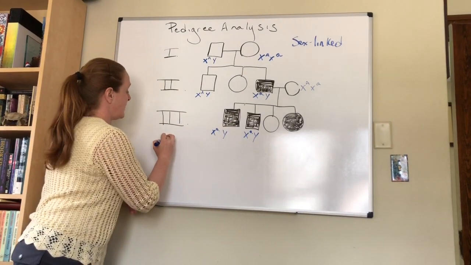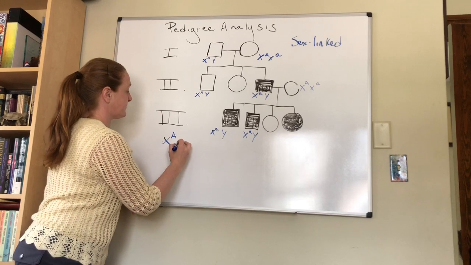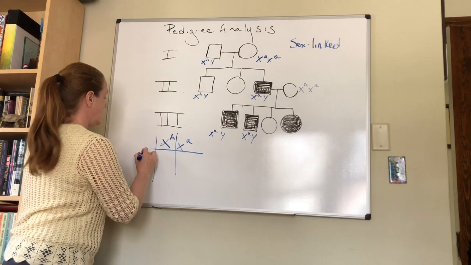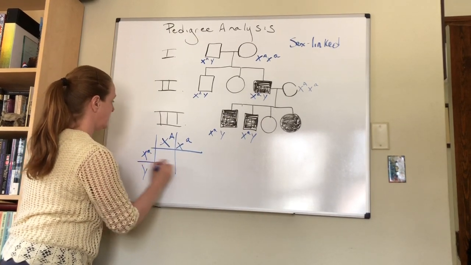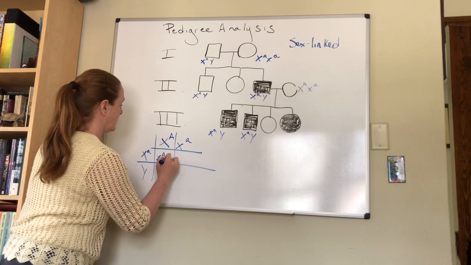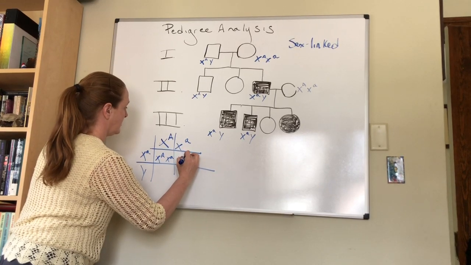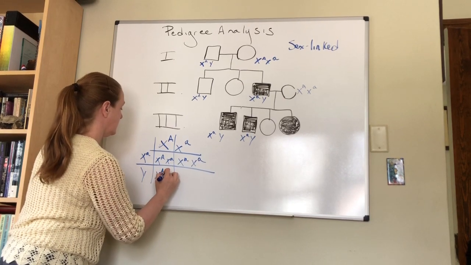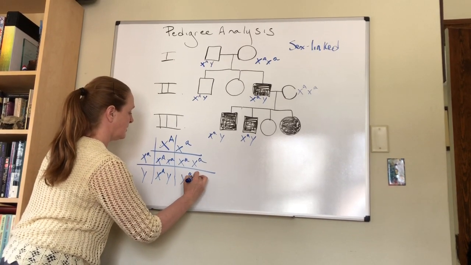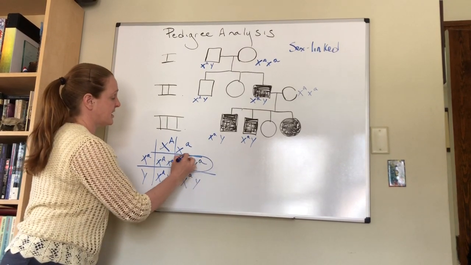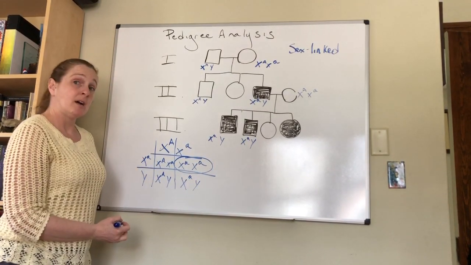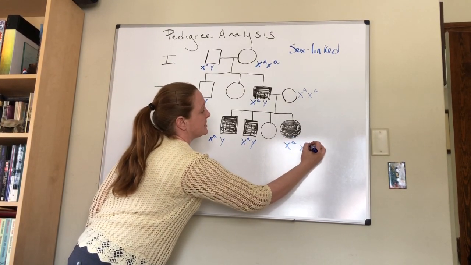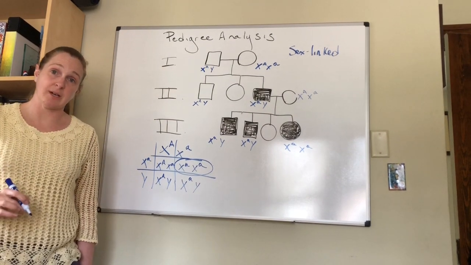So if my female in generation 2 has a heterozygous genotype, and my male has a hemizygous recessive genotype, one of the things that we see is that there is a 50% probability our female diploid zygotes will get that homozygous recessive genotype.